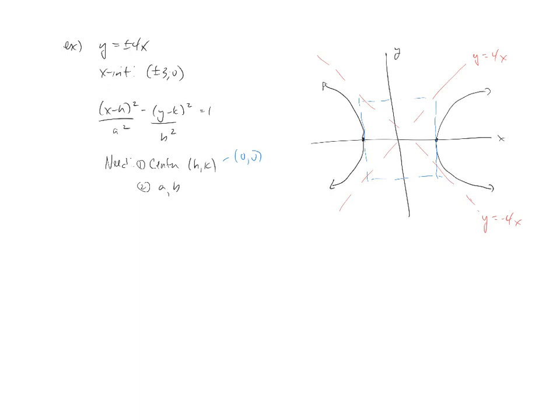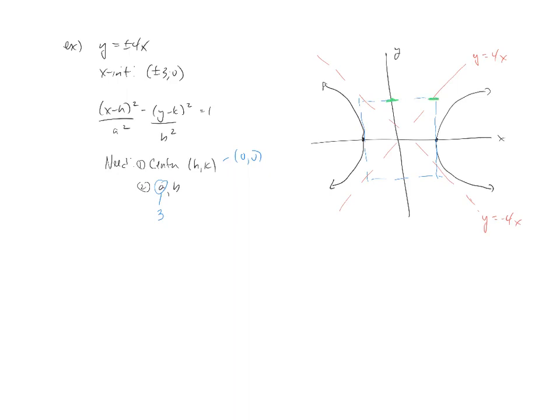And now it's a matter of finding a and b. a is the distance from the center to the outside of the box along the major axis. And by looking at the picture, the a value would have to be the 3. To find b, we're going to be a little bit clever. b would be this guy right here. But if you look carefully, that guy is also the same as that guy right there.